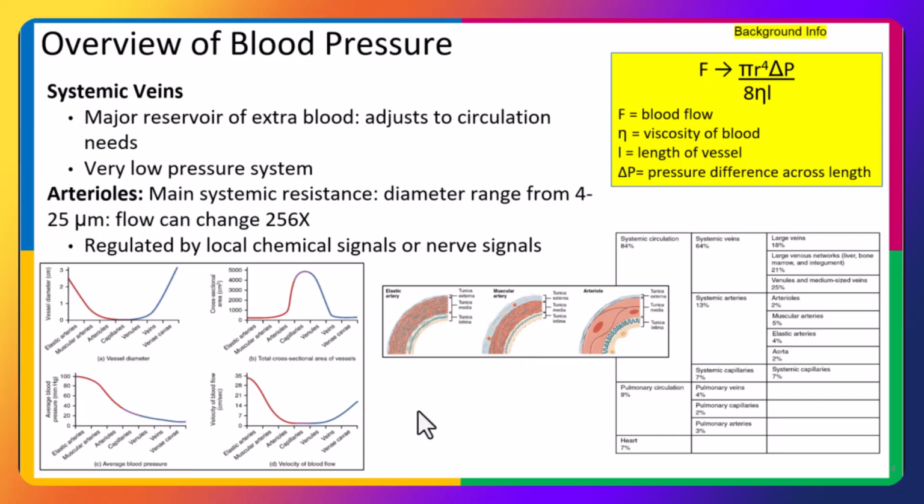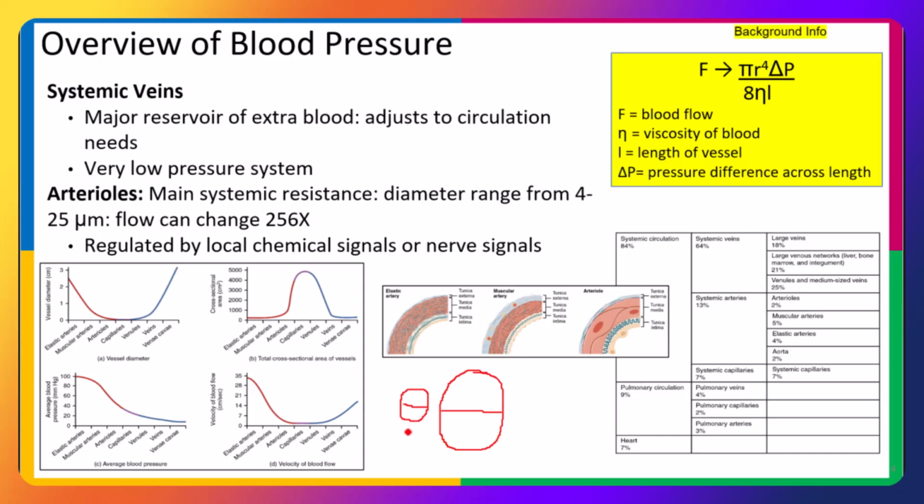So if I draw that out, if we're looking at a vessel here, that's the diameter, and then you have the radius of it. If you increase the size of that vessel, we have a blood vessel where more blood is going to be able to move through this, and less blood is going to be able to move through this.